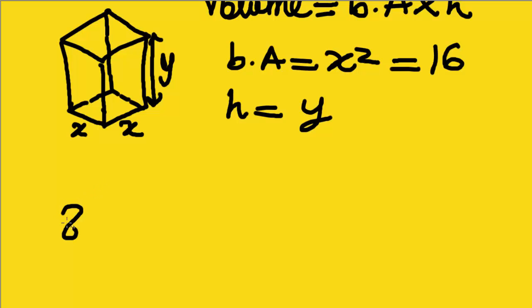We know the volume is 80 centimeter cubed, and that is equal to the base area 16 centimeter squared times the height, which I've called y. I should have left it at h, but let's just call it y.